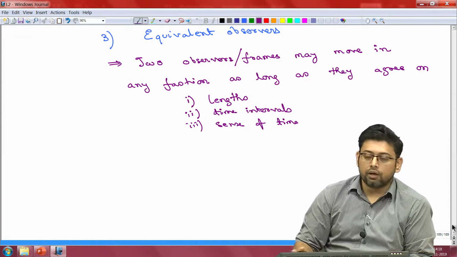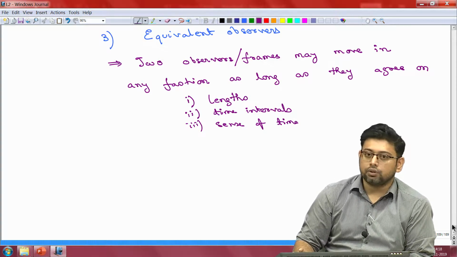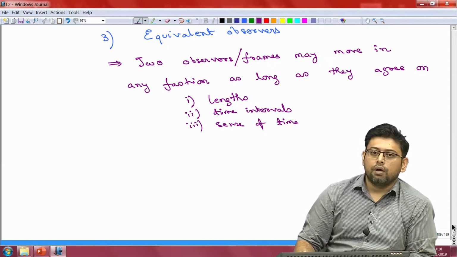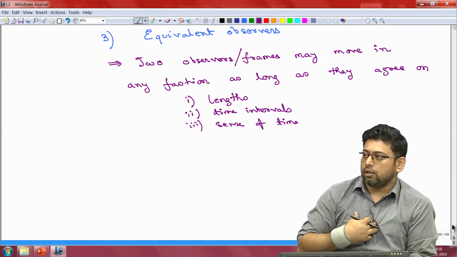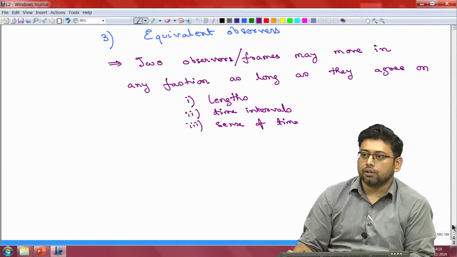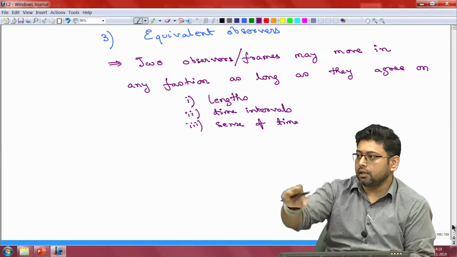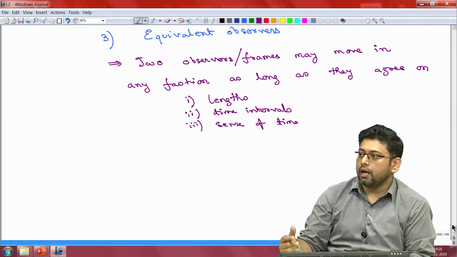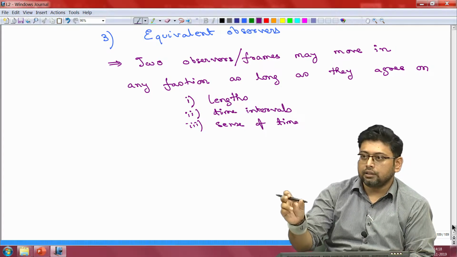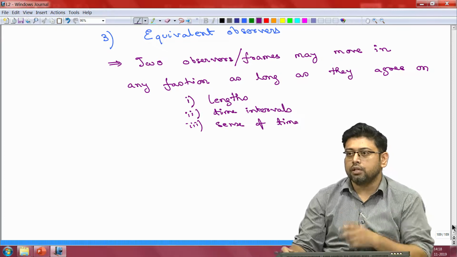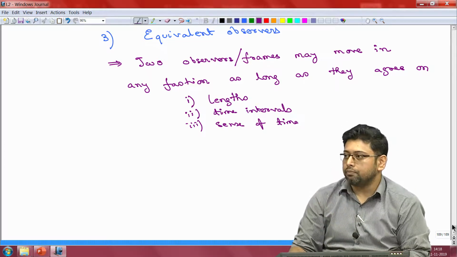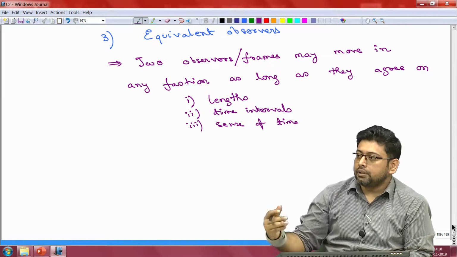For example, I am observing this room. I am one of the observers. Let us say I can see the distance between the two of you, I can measure it, and I will associate a certain distance between the two of you, and I know that this is true at this current time only. And then some other person comes in.